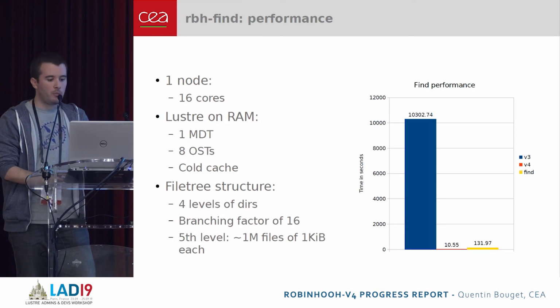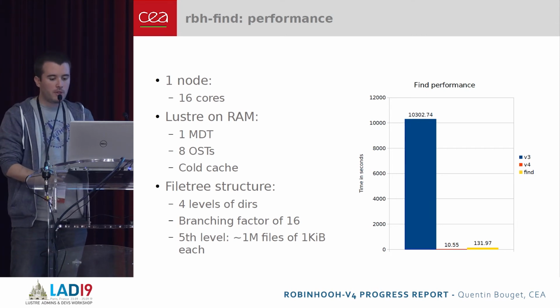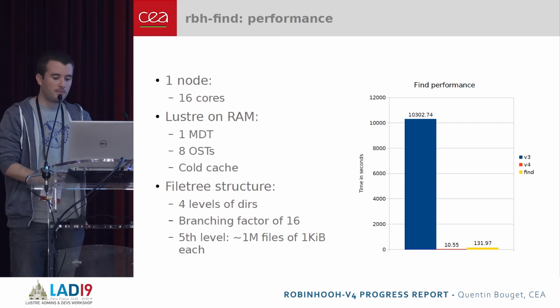In terms of performance, I used the very same file system populated by a previous run of RBHsync or RobinHood-scan, or there is actually no backend for Find, so it was just Find. The performance of RobinHood-v3 was so, we have to say it was so bad that we can't really see much on this graph.